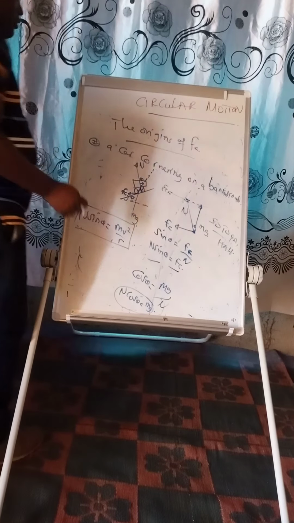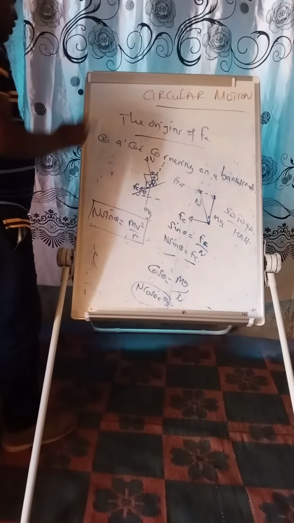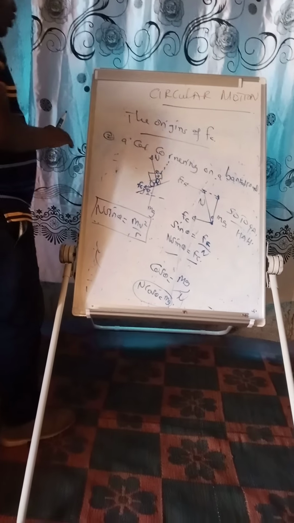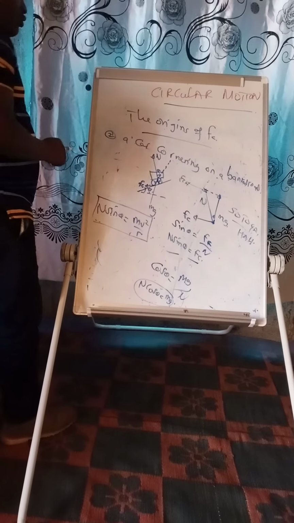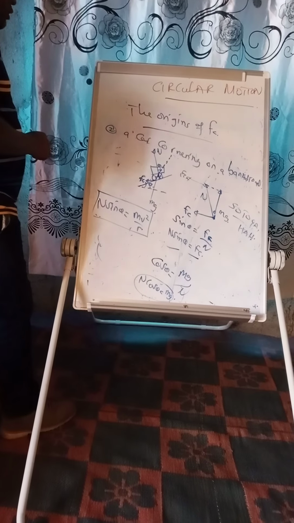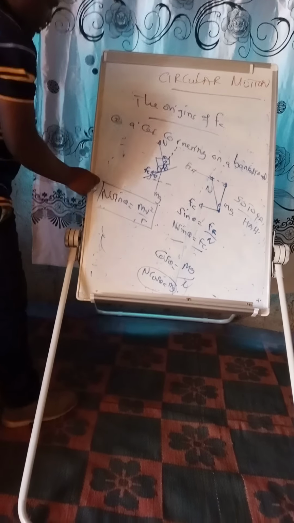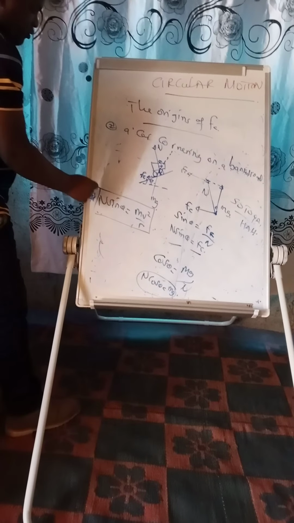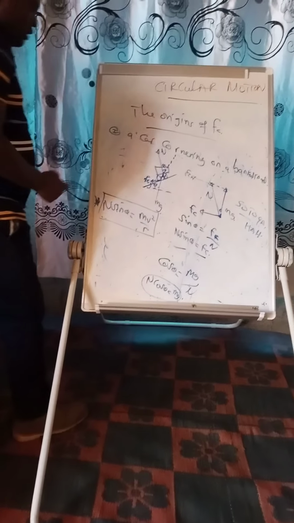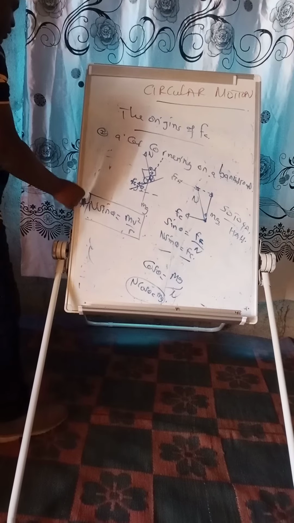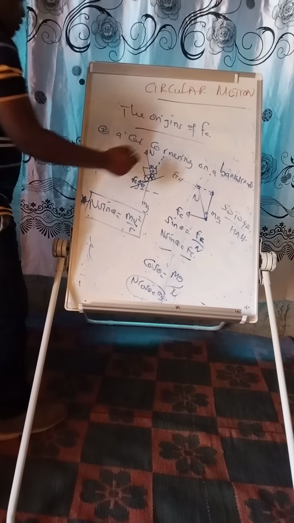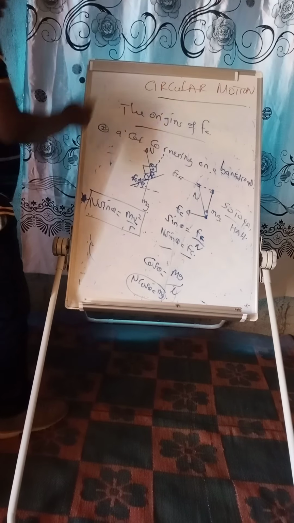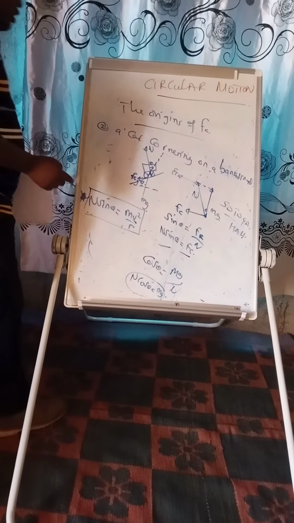But our main objective here is to find the source, or which force, which component will cause a centripetal force, which will make this car make a corner on a banked road. So this is a very important formula to find the speed of a car to make a corner on a banked road.